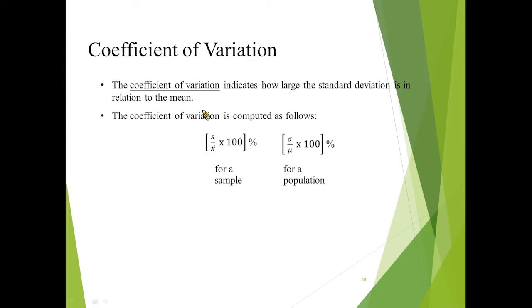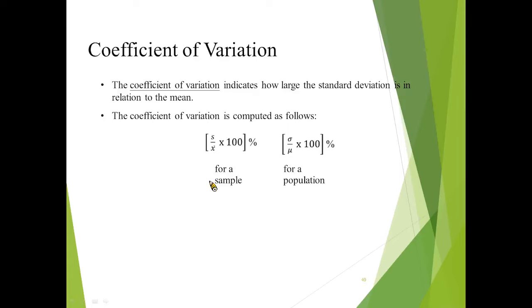Okay, the next one is the coefficient of variation. The coefficient of variation indicates how large the standard deviation is in relation to the mean. The coefficient of variation is computed as follows. So now it's just to know some concepts, and later we run SPSS.